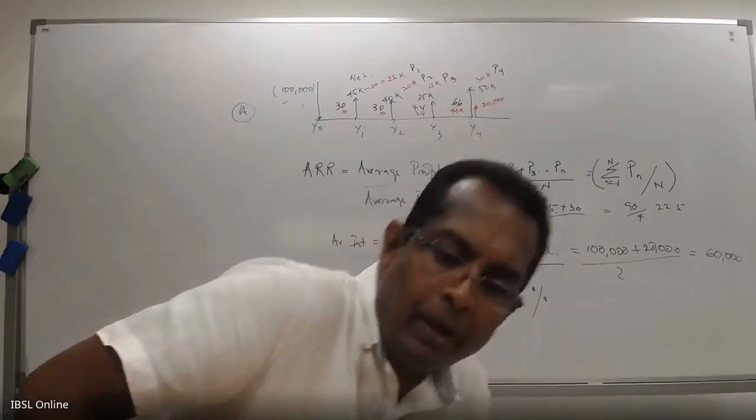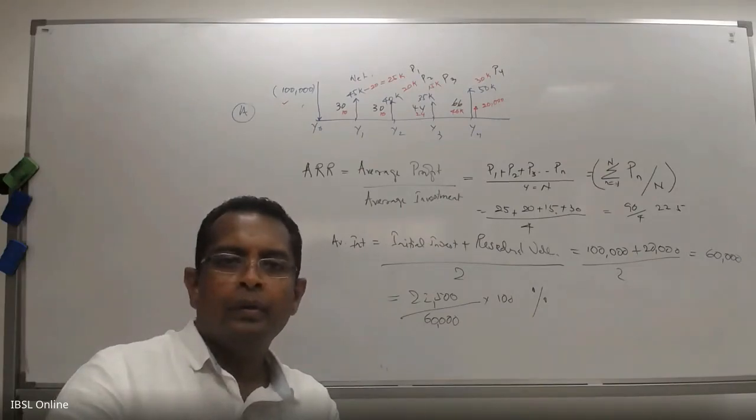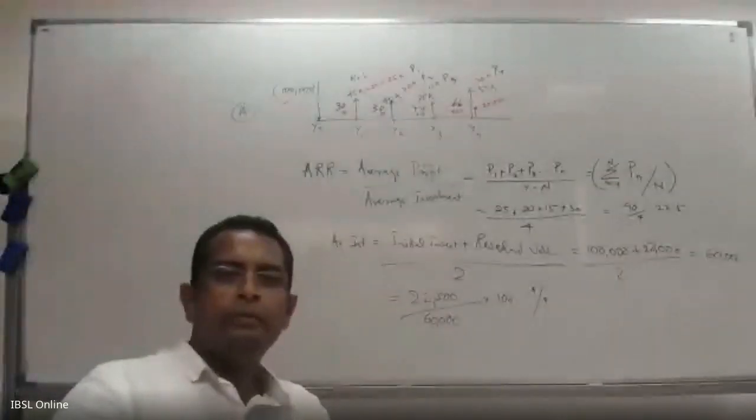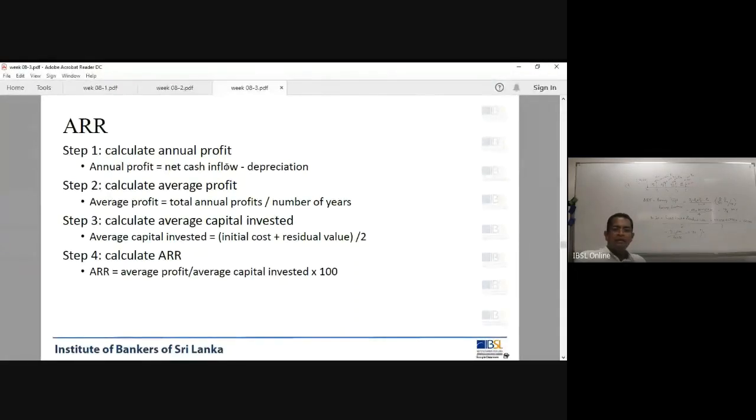Let us see the paper. Right. See this one. Annual profit equals net cash inflow minus depreciation. Calculate average profit: total annual profit, that is the formula I gave, divided by number of years. Average capital investment is initial investment plus residual value divided by 2.